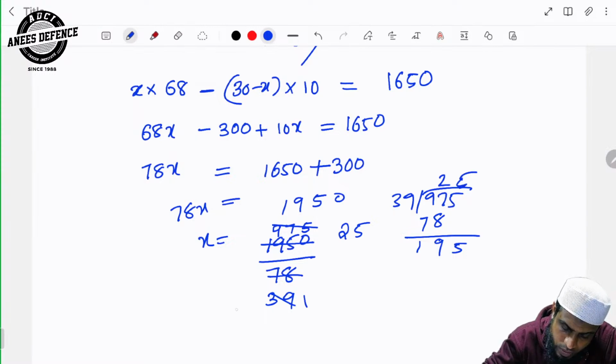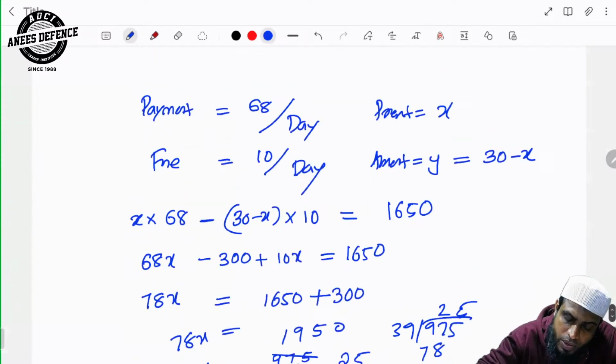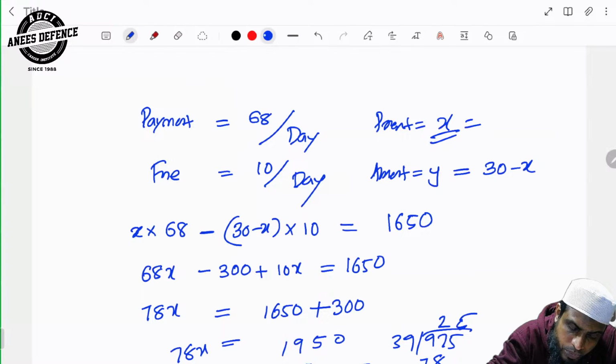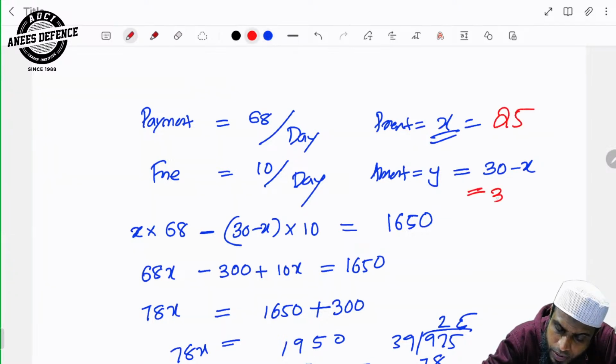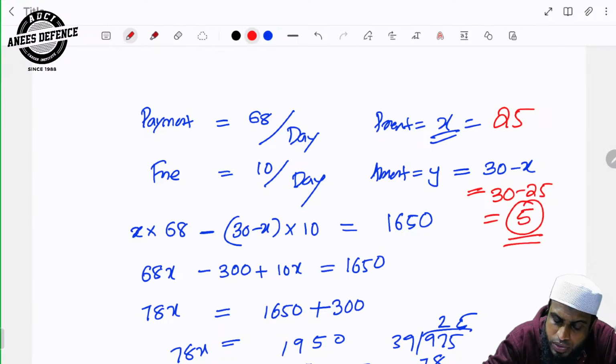So the answer is 25. So x is the number of days he was present, that is equal to 25. So how many days was he absent? 30 minus 25 will be 5. So 5 days absent and 25 days present. So that is the question. The number of days he was absent is 5.